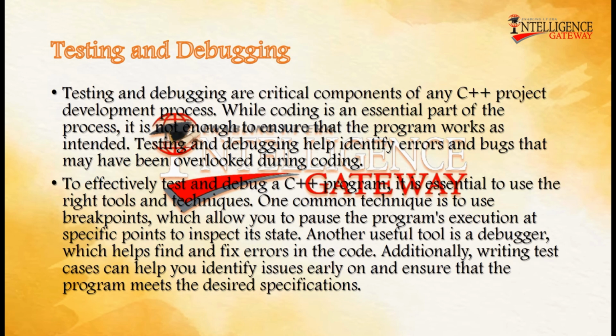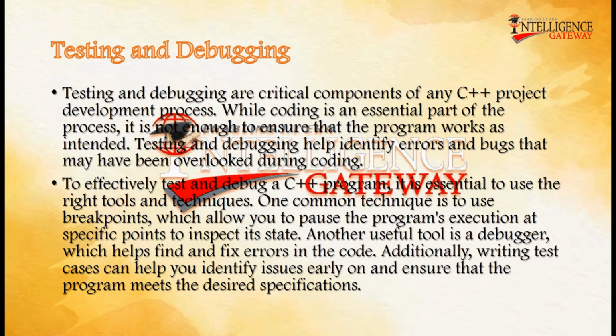Testing and debugging are critical components of any C++ project development process. While coding is an essential part of the process, it is not enough to ensure that the program works as intended. Testing and debugging help identify errors and bugs that may have been overlooked during coding. To effectively test and debug a C++ program, it is essential to use the right tools and techniques.